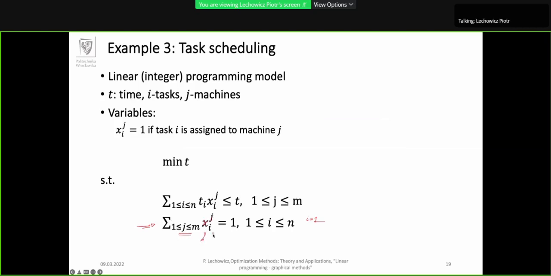If it's not assigned, it's equal to 0. And we are calculating the sum of such assignments. Because it has to be equal to 1, it can only be assigned to one machine, and it has to be assigned to exactly one machine. So it cannot remain not assigned. And we repeat this for all of the tasks, just to make sure that a given task is assigned to exactly one machine.